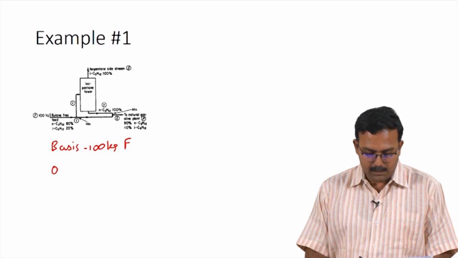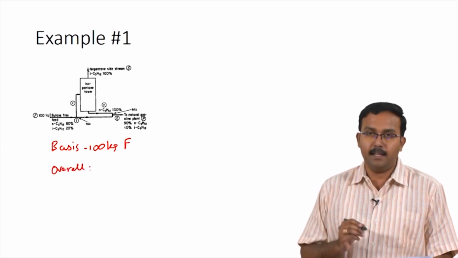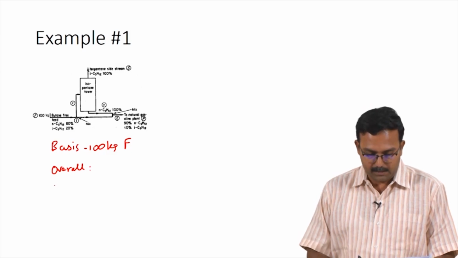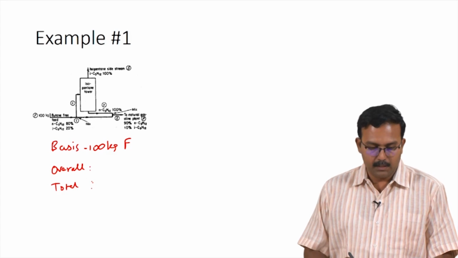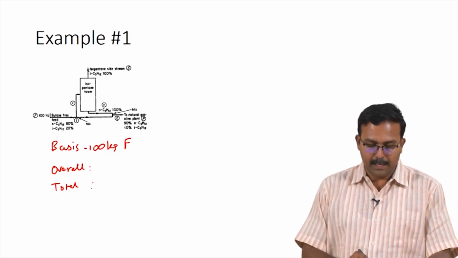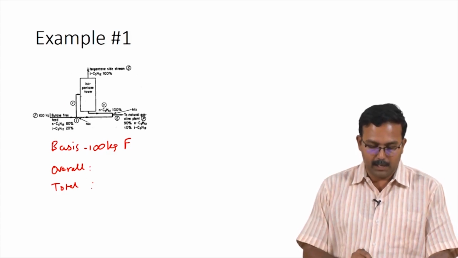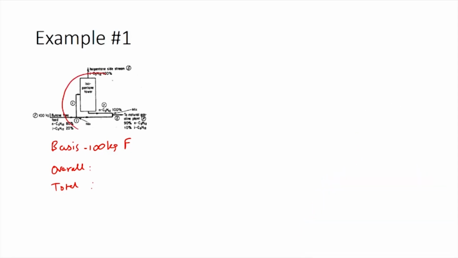For the overall system, we can write a total mass balance and the N-pentane or isopentane balances. Let us write the total mass balance for the overall system. The overall system will encompass the splitter, the mixing point and the isopentane tower. So, this would be the overall system that is being taken into account.